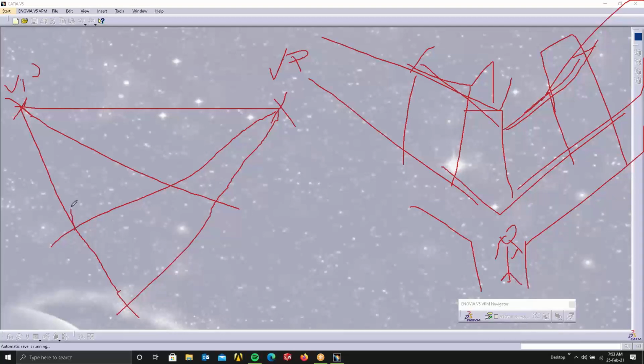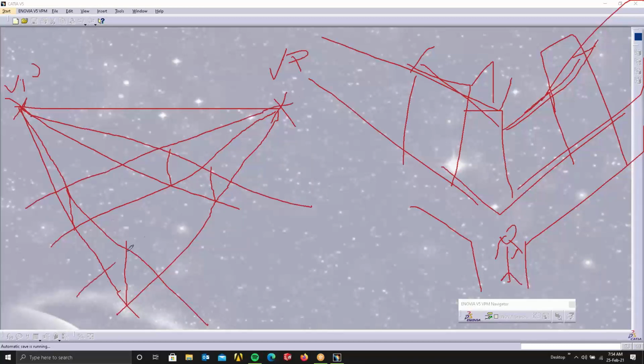And now straight lines upwards. Then I'll combine again from this vanishing point, and again from this vanishing point. So you can see we got a 3D body.